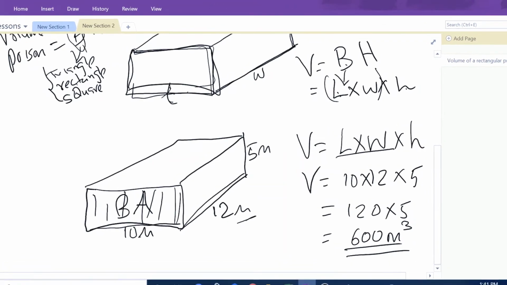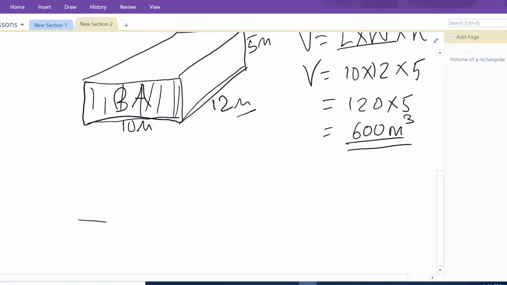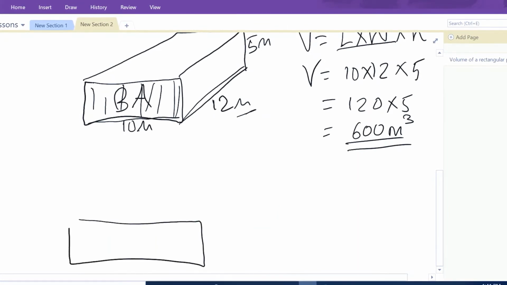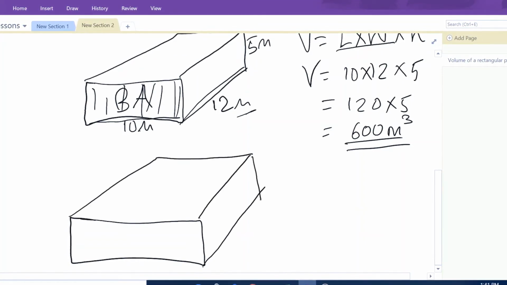Okay, let us do another example. Say we have another rectangular prism.